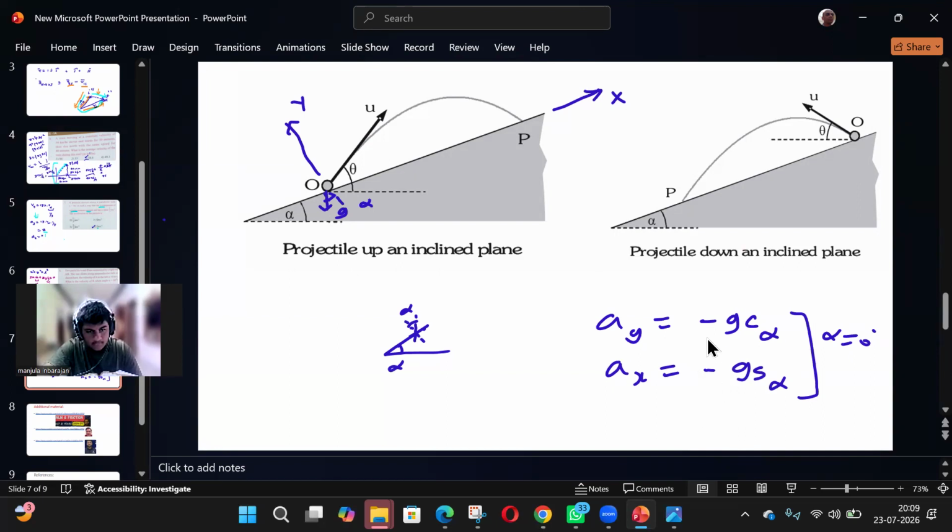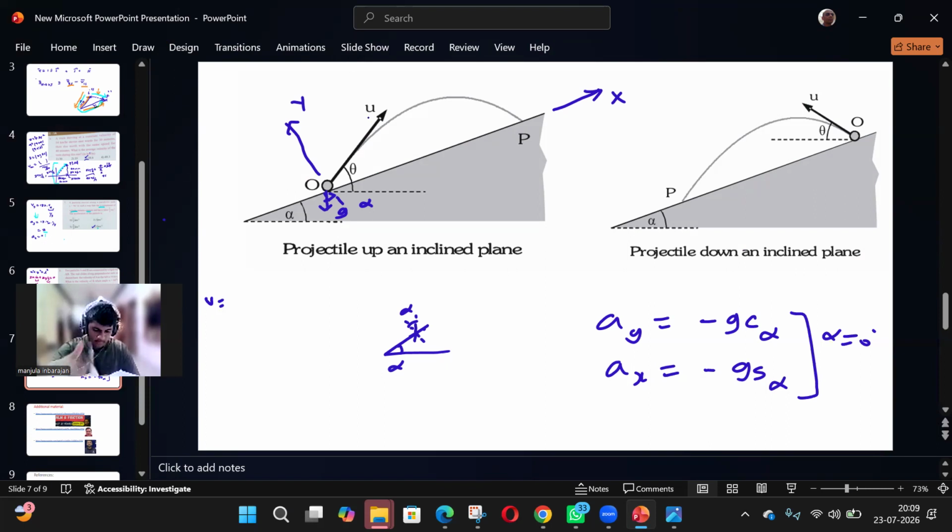So that way you can check whether the signs are correct or not. So now you just have to write three equations of motion, v equal to u plus at, s equal to ut plus half at squared, in the x and y directions. The complication here is that in both directions the acceleration is there. On the Earth's surface, the acceleration is there only along the negative y direction. Here there is acceleration in both the negative x and negative y.